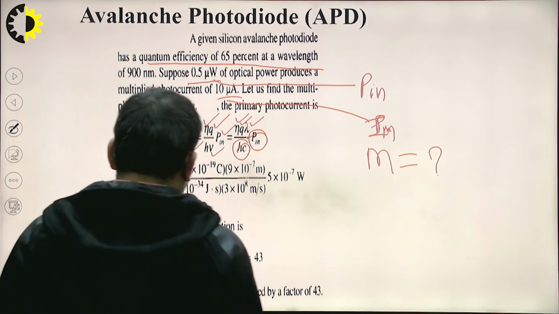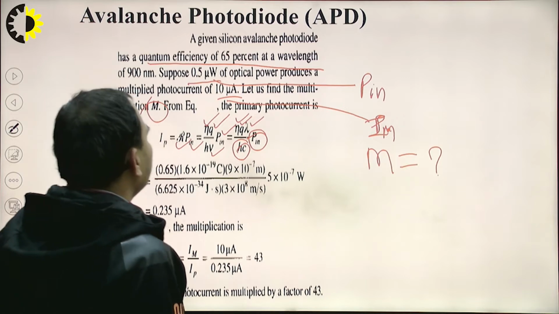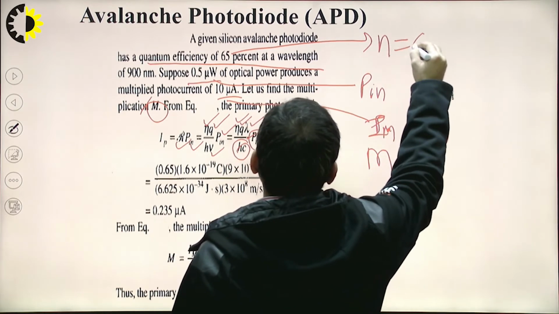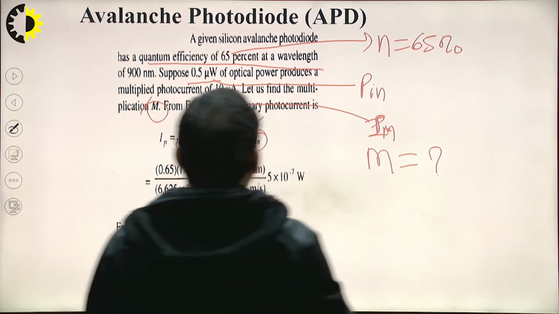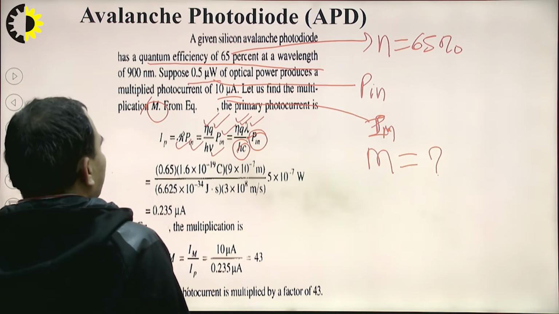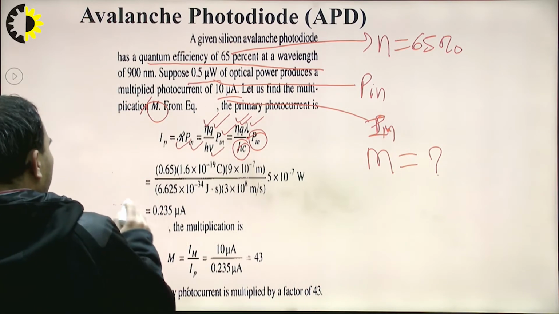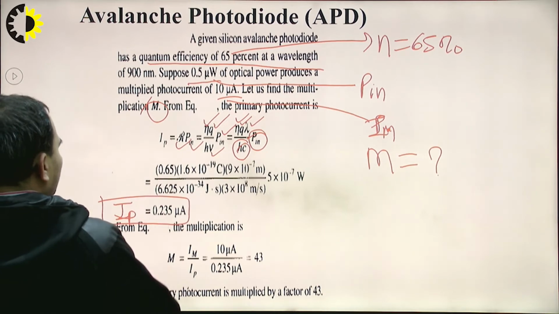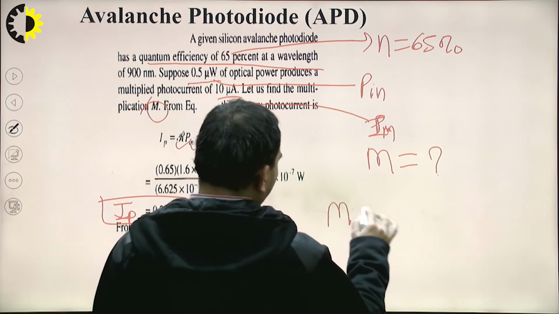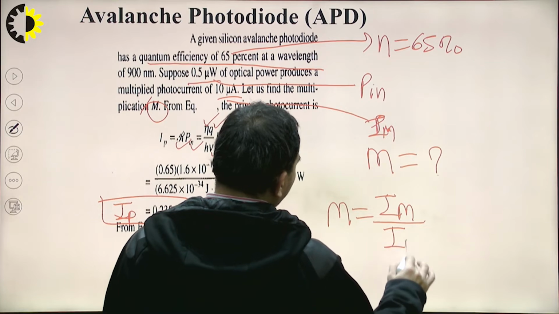So, here we have the photocurrent which is generated by substituting the values. We are having the eta, that is efficiency, 65%, and the input power we have, then the multiplied current. So, substituting the values, we get the primary photocurrent as 0.235 microamperes, and we know that the formula for the multiplication factor is given by the multiplied current divided by the primary photocurrent.